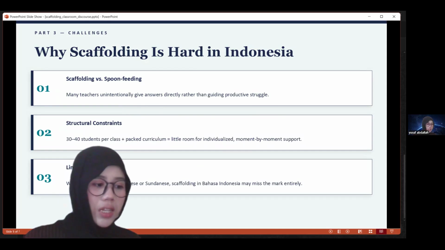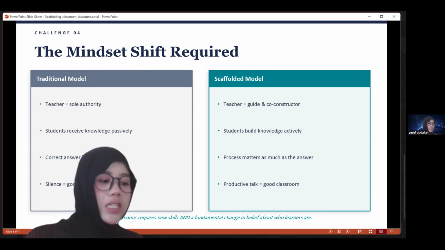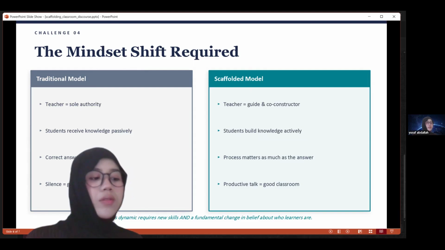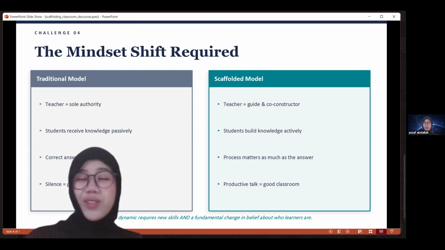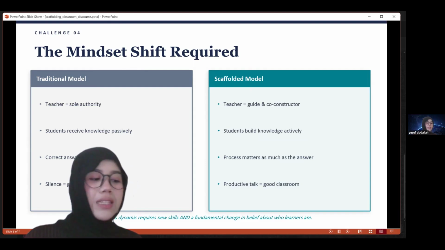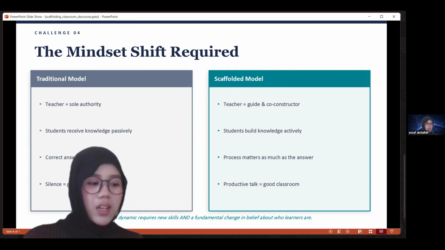In the traditional Indonesian classroom model, the teacher is the sole authority. Students receive knowledge passively. The correct answer is what matters, and silence is a sign of a good classroom. But scaffolding requires a completely different mindset. The teacher becomes a guide and a co-constructor.